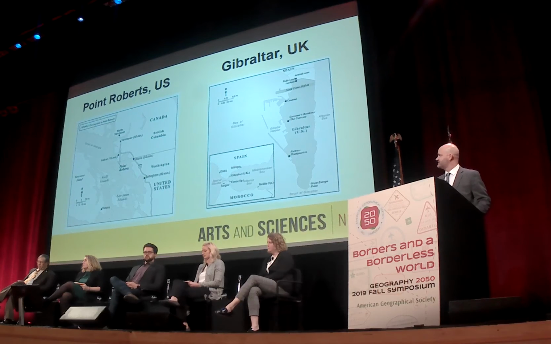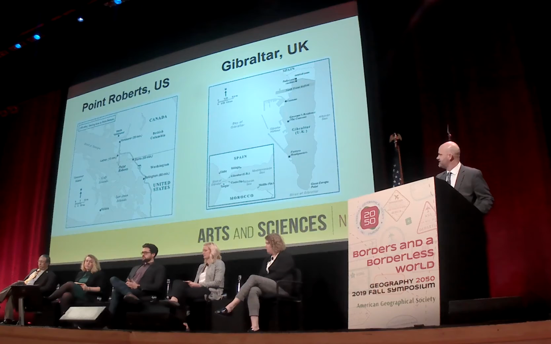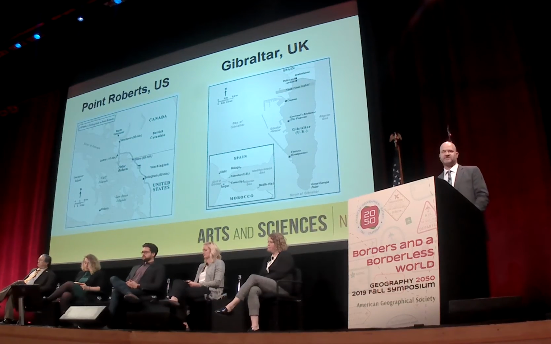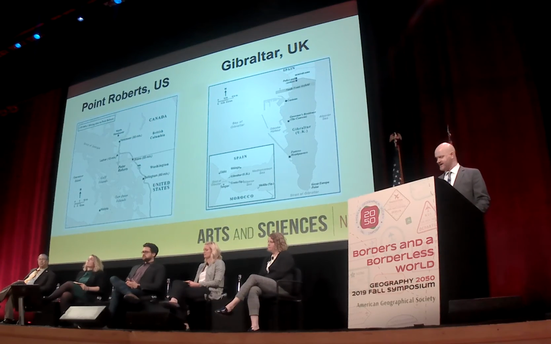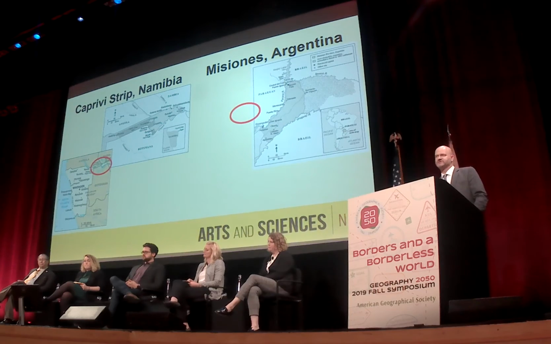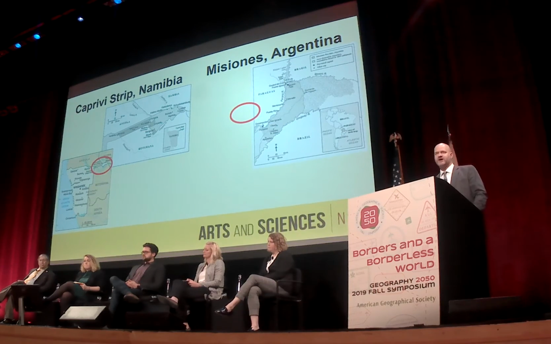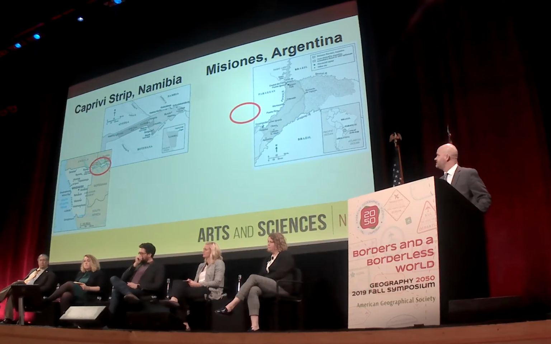On the other side, you can see Point Roberts, which is a part of the United States, a little end of the peninsula there, yet it's only accessible from the rest of the United States by car by driving through Canada.